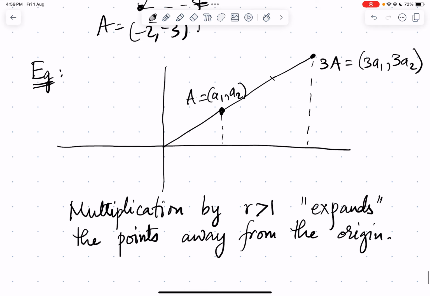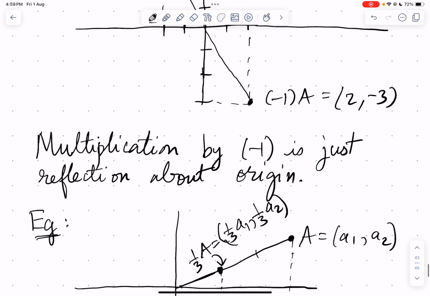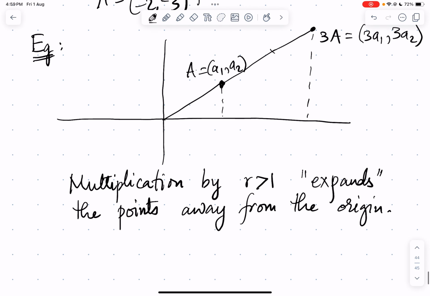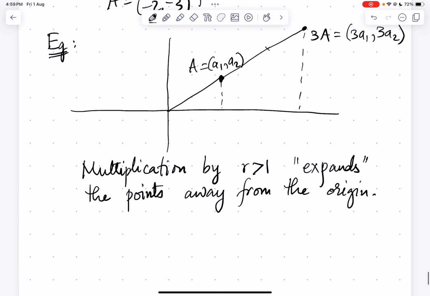Only multiplication by a negative number flips the direction. For example, multiplication by -2 is just multiplying by -1, that is reflecting about the origin, and then multiplying by 2. So this is the geometry of scalar multiplication. Okay, so that's all for this part. See you in the next part.